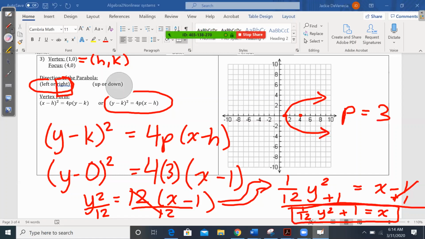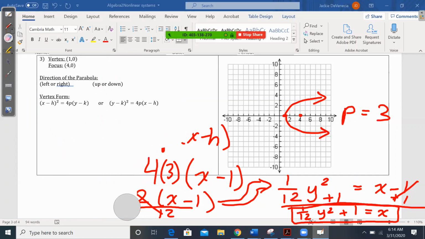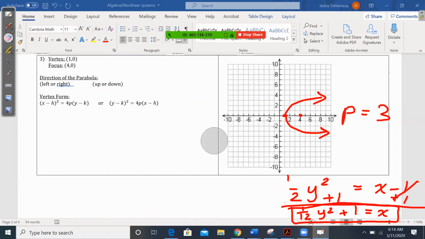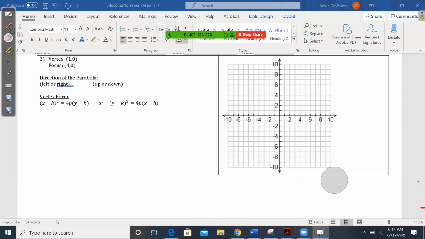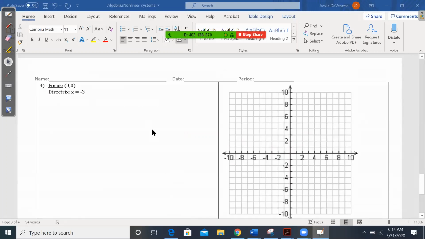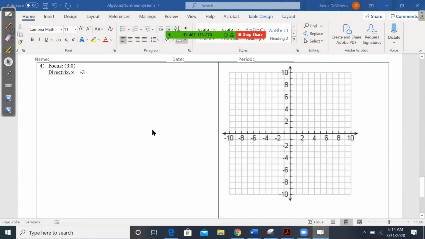Let's do another one. Let's do this one right over here. So for this one, I have my focus at, this one's kind of tricky because I have my focus and my directrix.